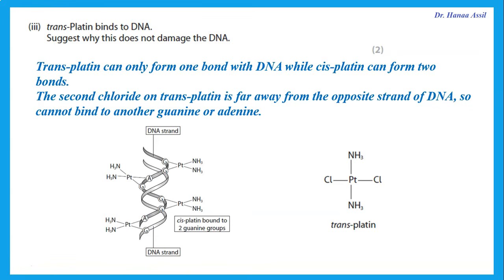So the problem is that the transplatin can form only one bond with DNA, and this does not affect the replication of the DNA, while the cisplatin has to form two bonds. So for the trans, the second chloride is far away from the opposite strand of the DNA, so it cannot bind to another guanine or adenine. So it binds with only one, and that does not destroy the DNA.